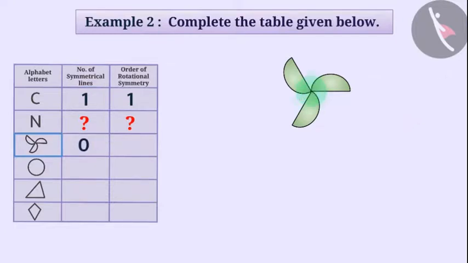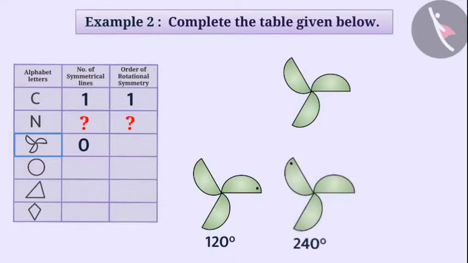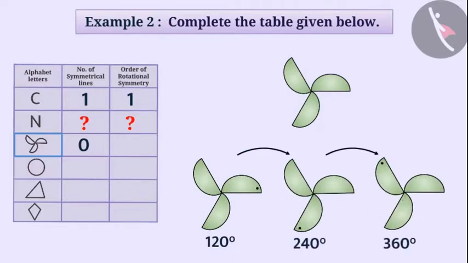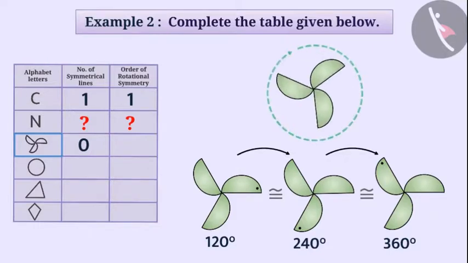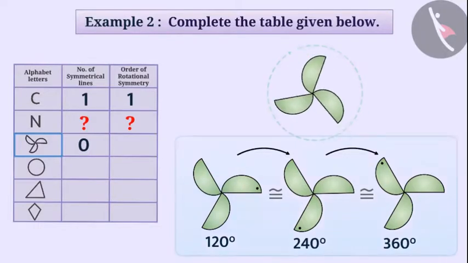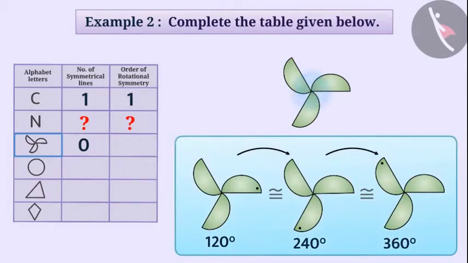Similarly, if we rotate this shape at an angle of 120 degrees, 240 degrees and 360 degrees, we get the same shape as before. Since during the rotation, we can see 3 times the figure appears as before, we can say that this figure has rotational symmetry of order 3.